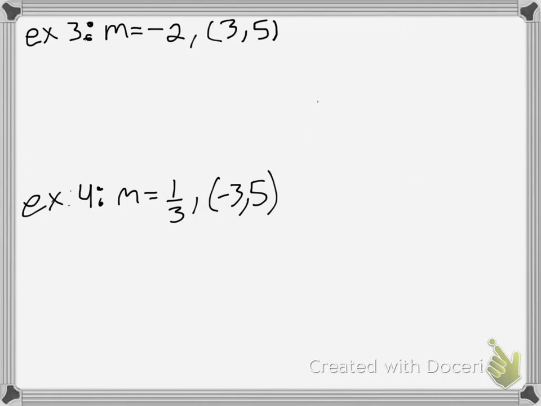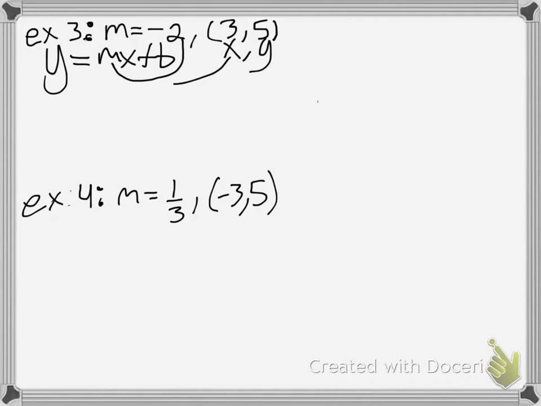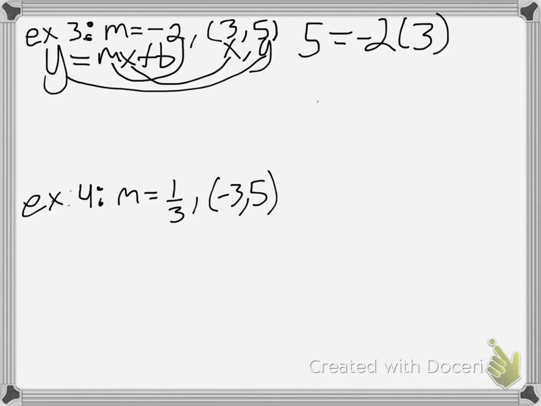Alright, so let's look at these examples here. We still have y equals mx plus b. Substitute them in. We know this is x and y. We know our negative 2 goes here, 3 goes with x, 5 goes with y. So that'll be 5 equals negative 2 times 3 plus b.